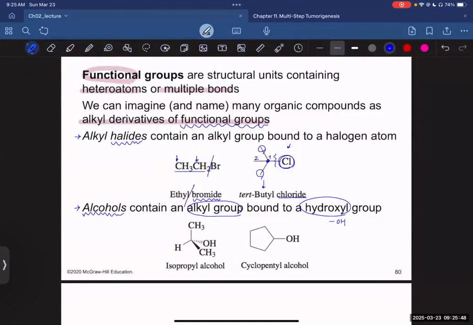The example that they're showing us here has that hydroxyl group that shows us that it's an alcohol, and we have isopropyl, which basically looks like this. And if we look on the right, we have a cycloalkyl group as a substituent coming off of that hydroxyl group. And so it'll be cyclopentyl. In this case, if we have a hydroxyl group, the name is going to end with alcohol.